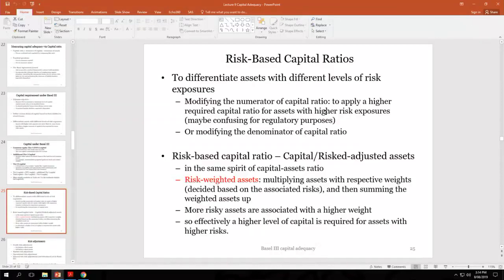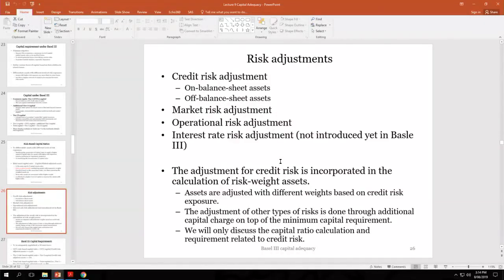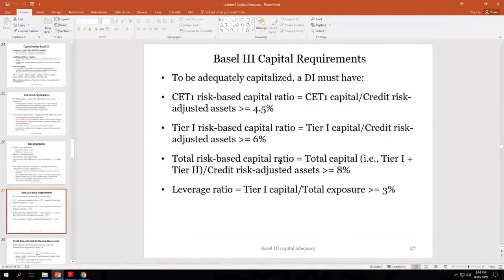And in terms of the denominator of those capital ratios, we have risk-weighted assets. You need to know how to calculate credit risk adjusted on-balance sheet as well as off-balance sheet assets for a bank. And basically, these are the formulas of the ratios, and these are the minimum requirements recommended under Basel III. And in Australia, the APRA also implement exactly the same set of rules on Australian banks, right?